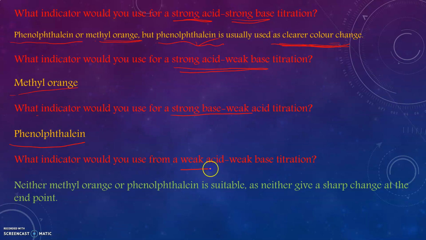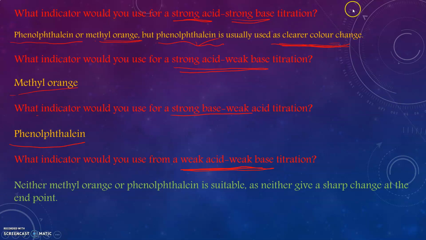But the last titration is the difficult one. When you're using weak acid and weak base, neither methyl orange nor phenolphthalein is suitable. Why? Because neither of them gives a sharp change of color at the endpoint, so you cannot actually determine the equivalence point.